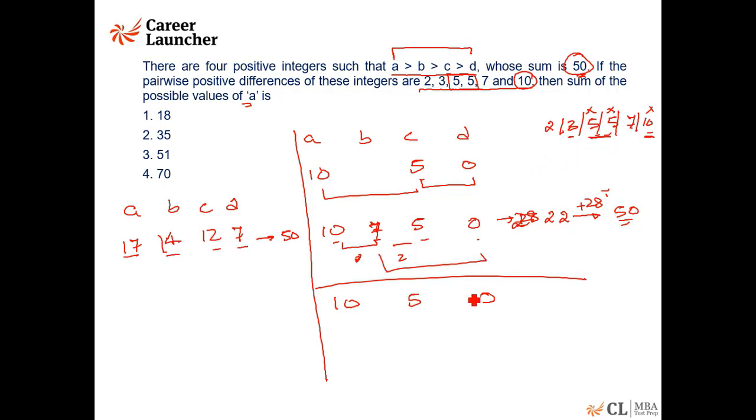Can I have a 3 out here? 2, 3 and 5, 5 and I have a 7 also. What does this become now? 10, 5, 15, 16, 17, 18. If this is 18, what will it become?